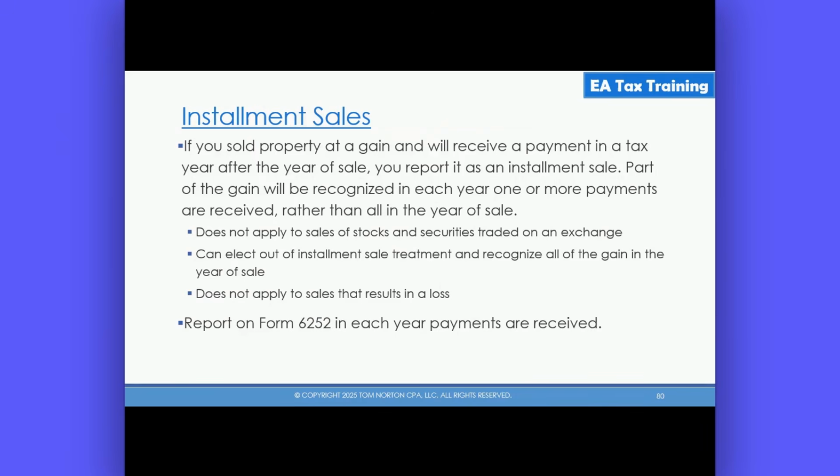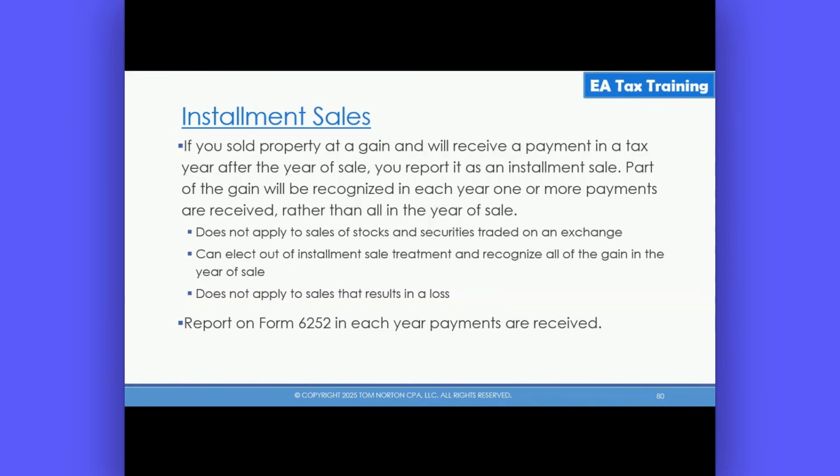Now, this does not apply to sales of stocks and securities that are traded on an exchange. And you can elect out of this installment sale treatment if you want to and simply recognize all of the gain in the year of sale. It also does not apply to sales that result in a loss.